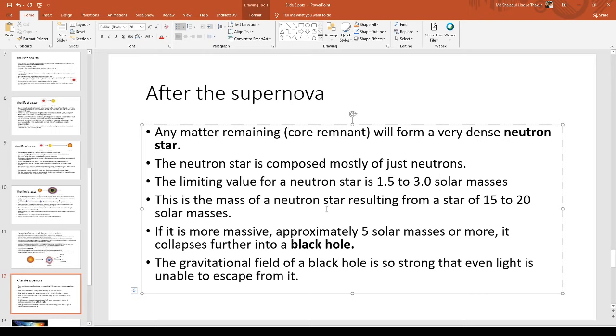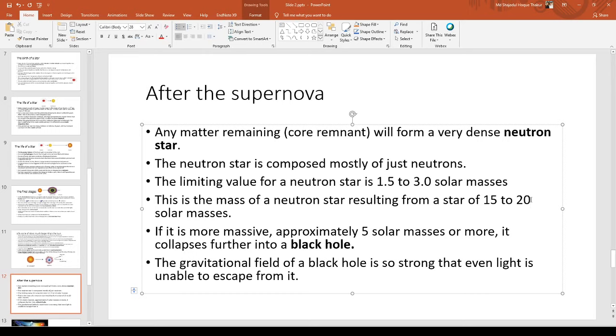So now that you understand the limiting value, what will happen to the core remnant for an even bigger star? I'm talking about 20 times the mass of the sun, 20 solar mass. What if the mass of the original star is, let's say, 25 solar mass? Or 40 solar mass?